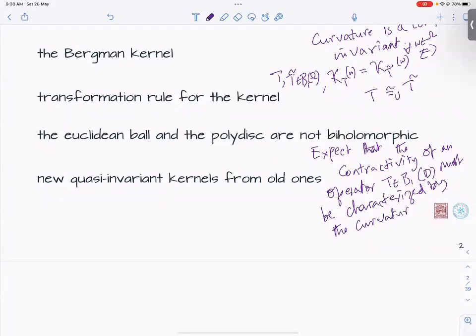So this is the reason why we start even thinking about curvature inequality.